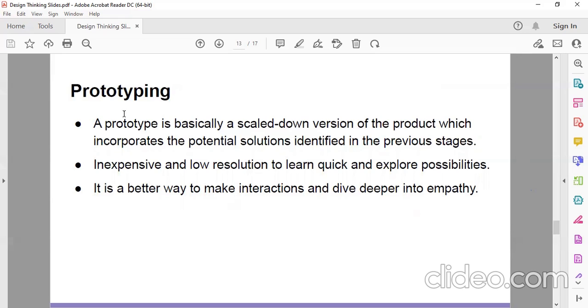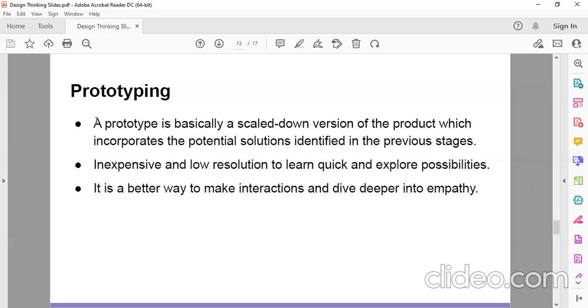The prototype is not the final product; it is a narrowed down version of the product. It is used for testing purposes, so we'll discuss that in the next phase.